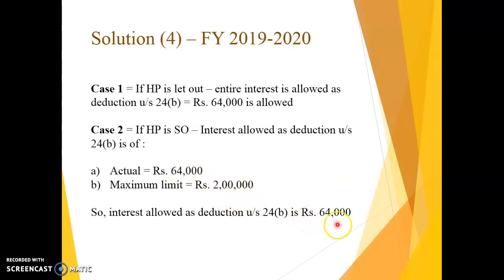So 64,000 is your least, only this is allowed as deduction. All your conditions get satisfied because it is for the construction.